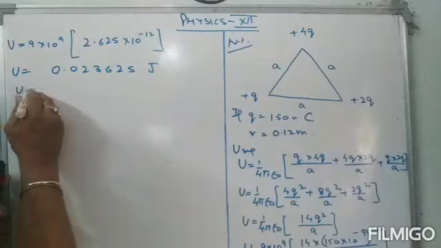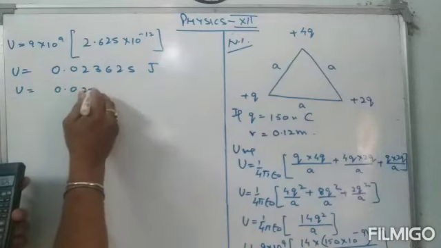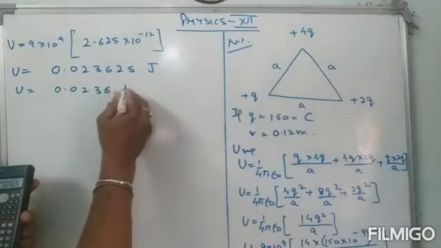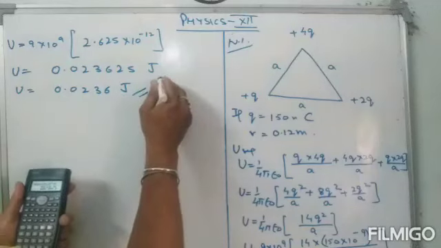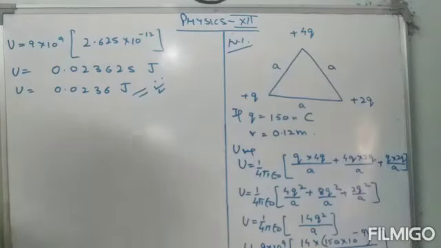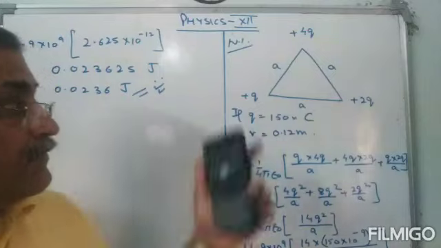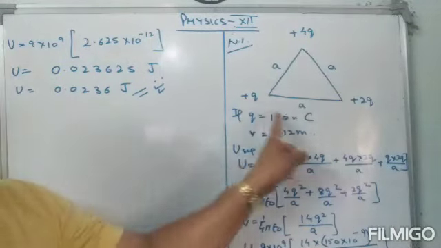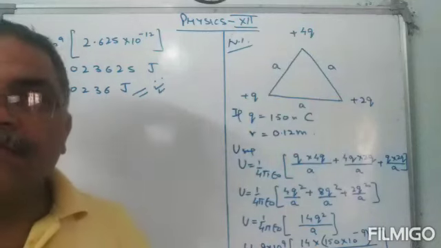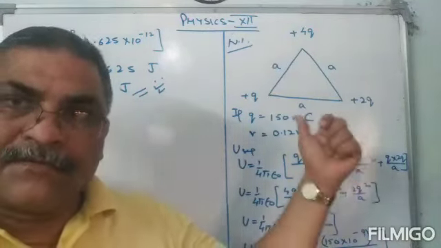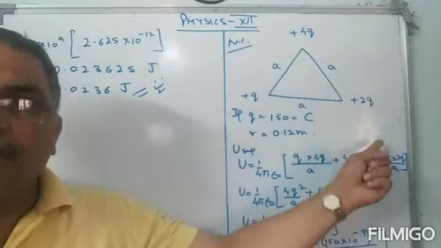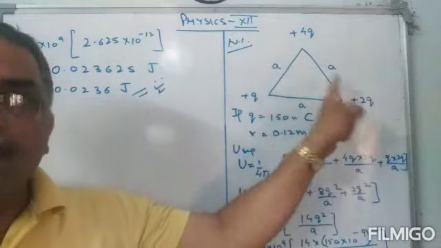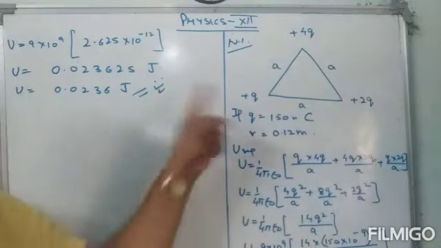That becomes U is equal to 0.0236 joules. So this will be the electric potential energy of the system. Now, these charges I have taken all positive. The charges might be negative. One of the charges might be negative and the other two positive, or two may be negative and one positive. So this is the process you will be doing.